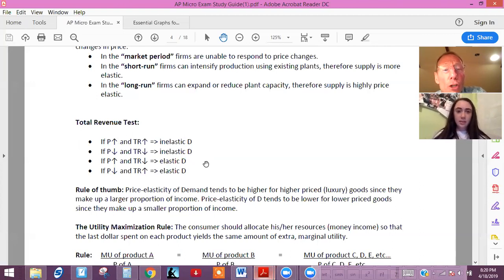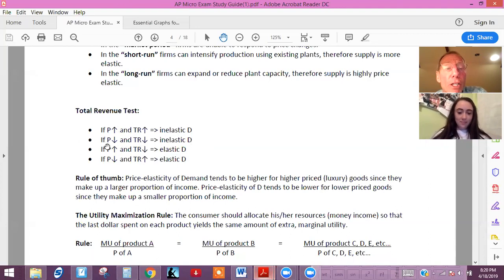So if you have an increase in price, you're going to have a decrease in quantity demanded. And if the quantity demanded percentage-wise goes down more than the price goes up, you're going to get a decrease in total revenue, which means it's elastic, which means you're in the elastic portion of your demand curve.